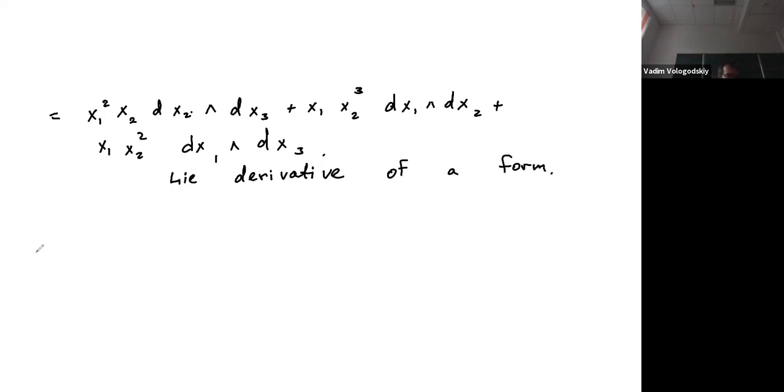Okay, so suppose theta is a vector field. So what is a Lie derivative? I recall that a vector field gives a locally defined one parameter group of diffeomorphisms, phi sub t.